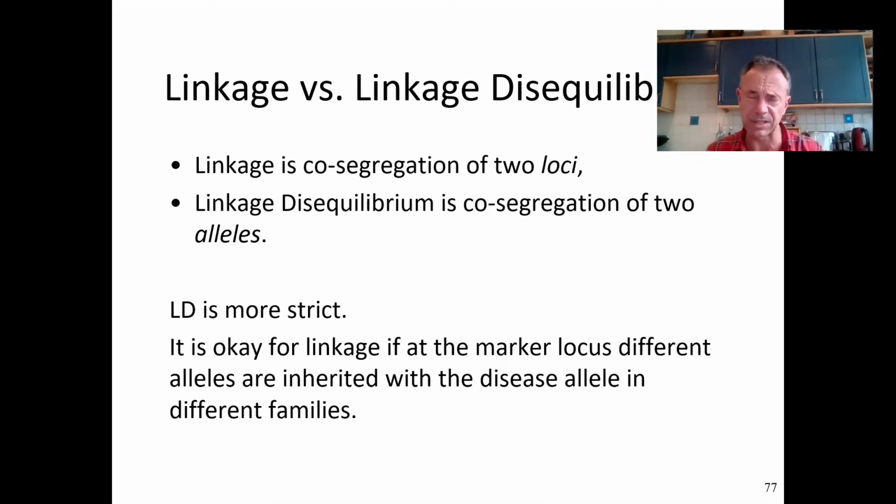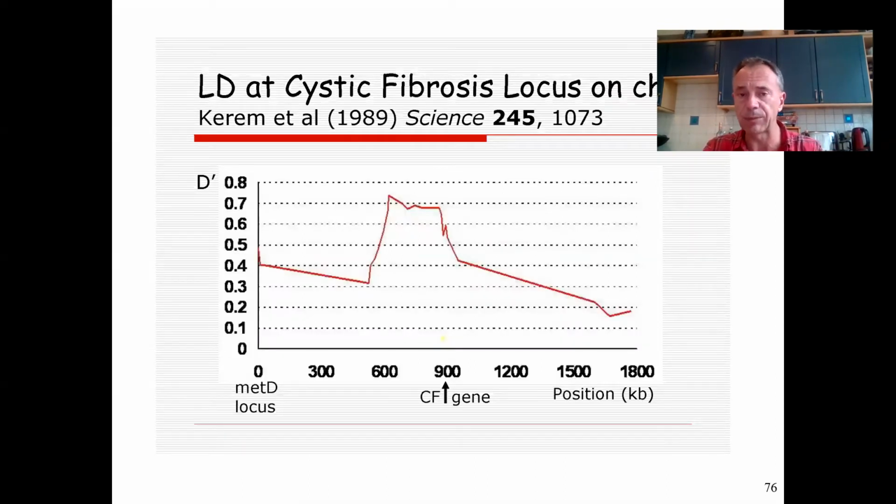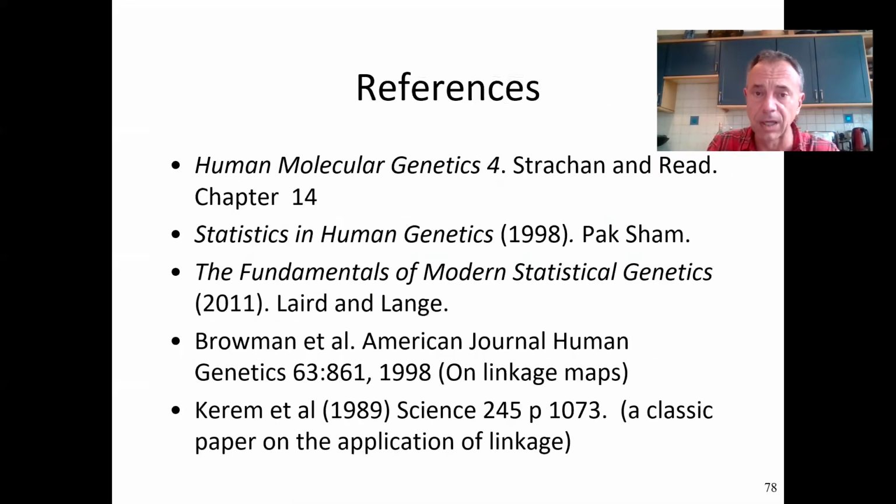It will be random with respect to the others. So if you have allelic heterogeneity of the disease locus, that makes it very difficult to detect linkage disequilibrium, which is one of the reasons why in practice a lot of association signals tend to be quite weak. And in a way, people were quite lucky with cystic fibrosis that it was a less challenging problem than it needed to be.